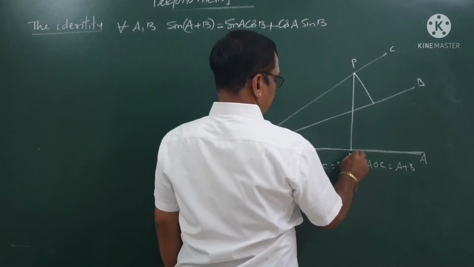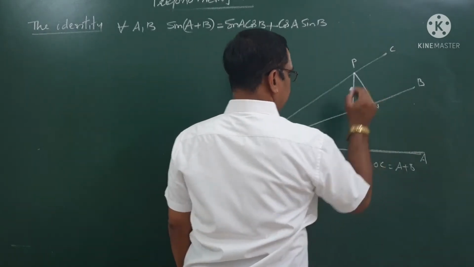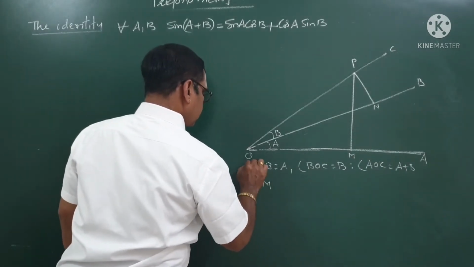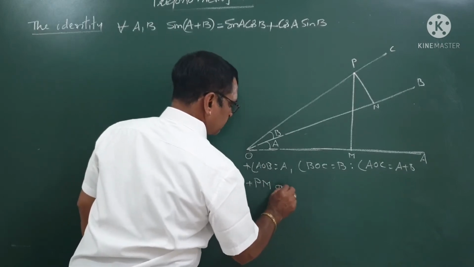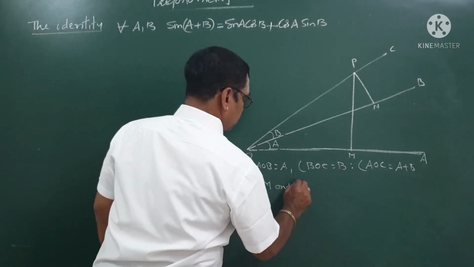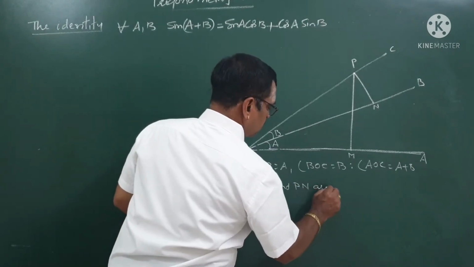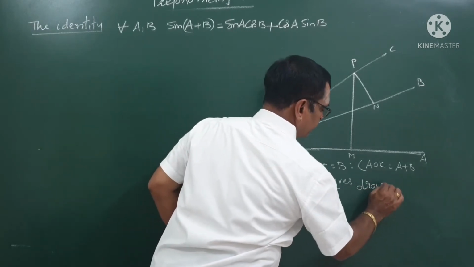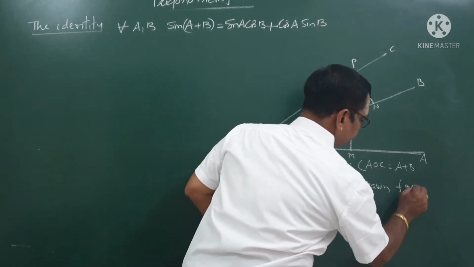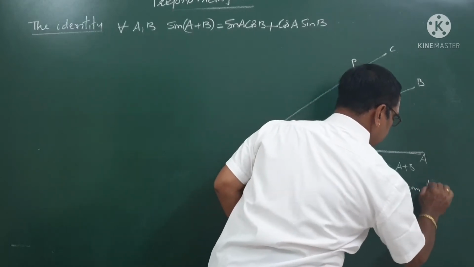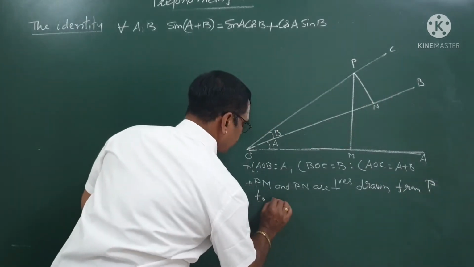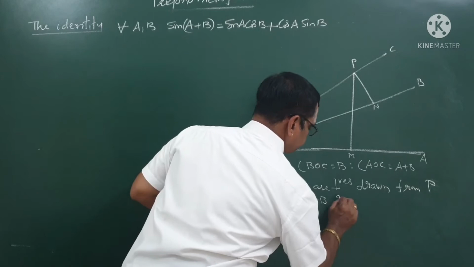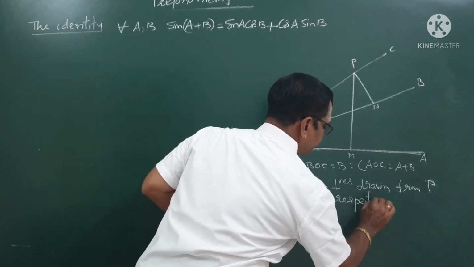Let these feet be M and N. PM and PN are perpendiculars drawn from P to OA and OB respectively.